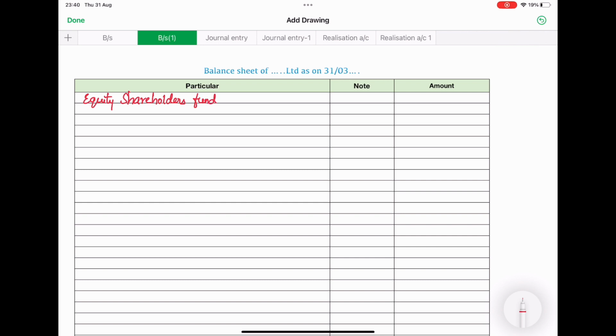So the first thing will be share capital. Under share capital we'll mention equity share capital. So equity share capital we are having 8,50,000. How did you get 8,50,000?